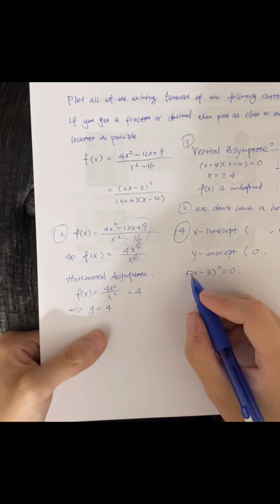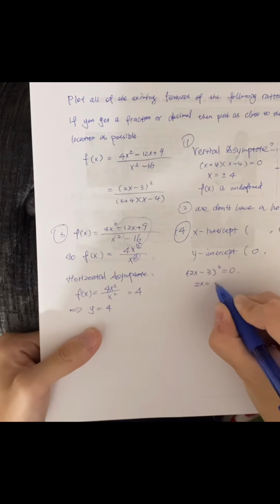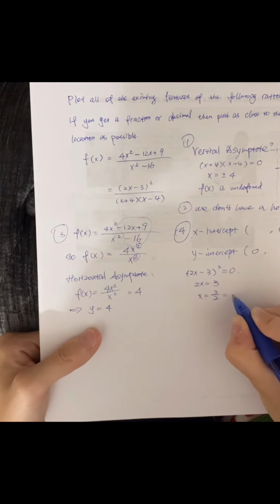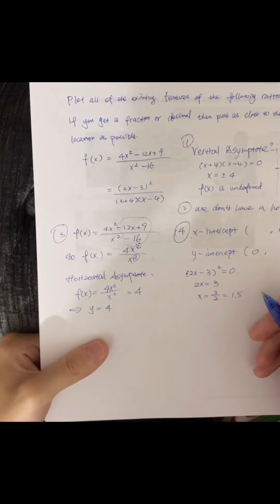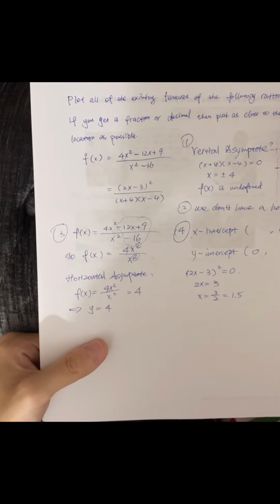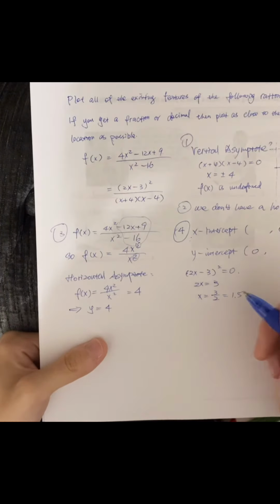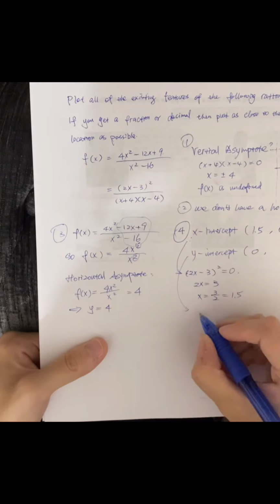So we set the numerator equal to 0. Why do we have this new numerator? Because we simplified earlier. Then when y equals 0, x equals 3 over 2, which means 1.5. Our x-intercept is at 1.5, 0.